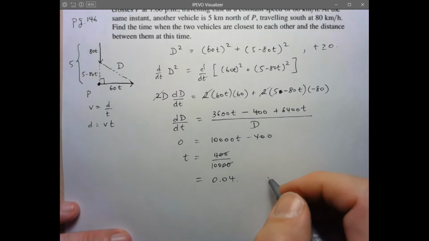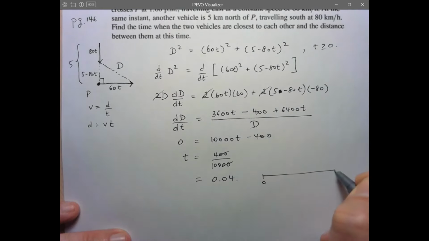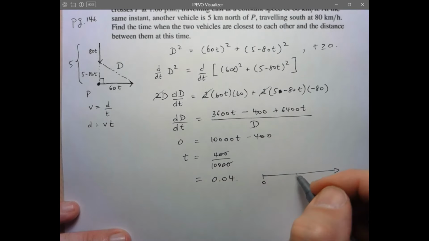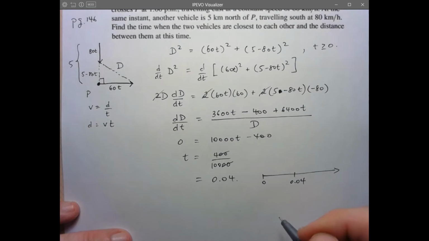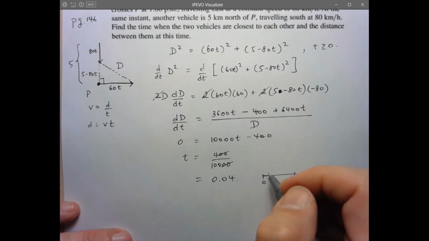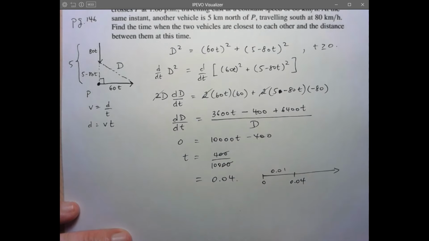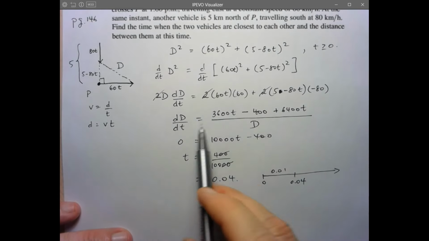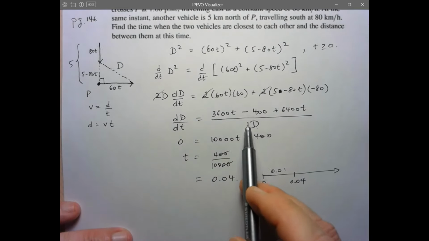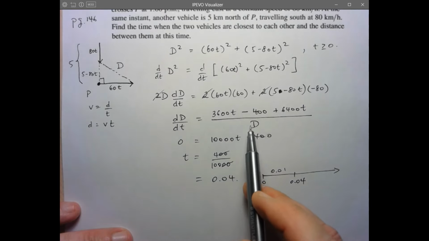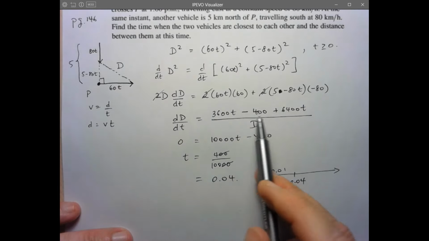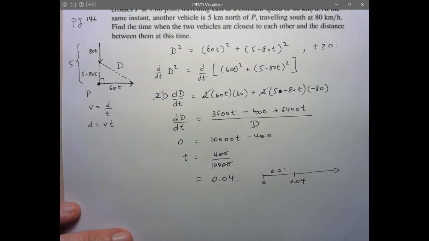Okay, now let's just test that this is indeed a minimum value. It's our only critical point, 0.04. And so here, let's put, I don't know, 0.01. Let's take this derivative here. This is a distance value, so this is always going to be positive. I essentially just have to look at the numerator for my sign.